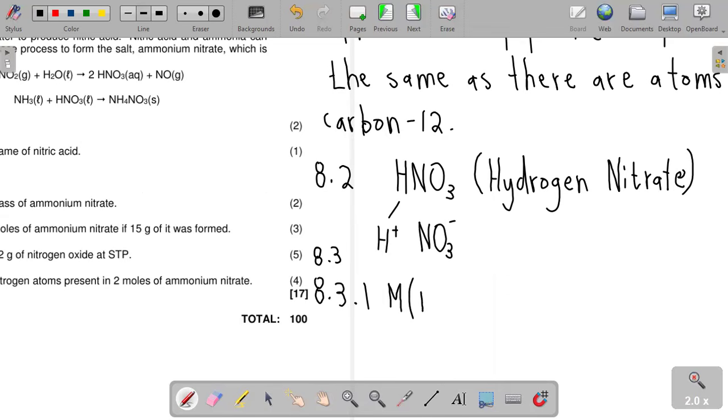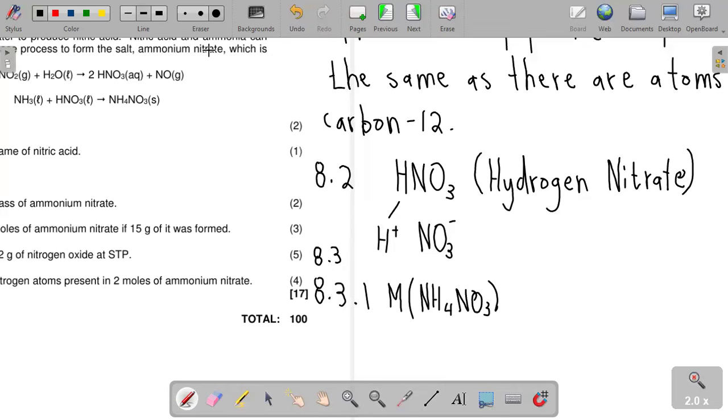Ammonium nitrate. So NH4 and then NO3. We add them together. So again, we go to the periodic table.